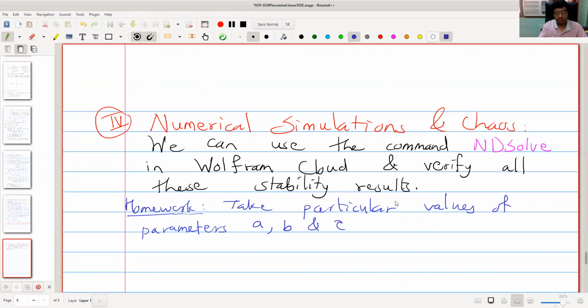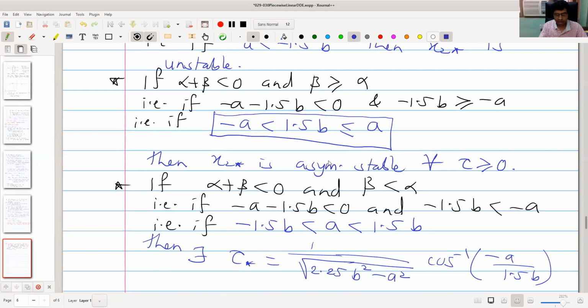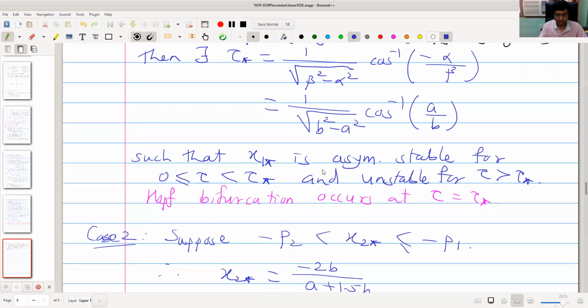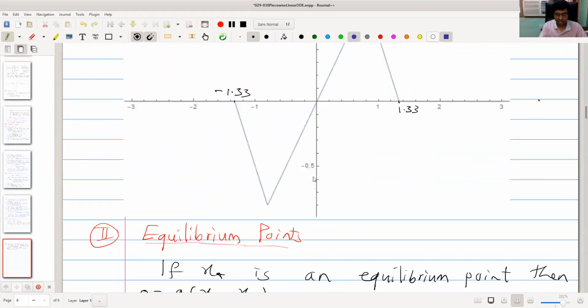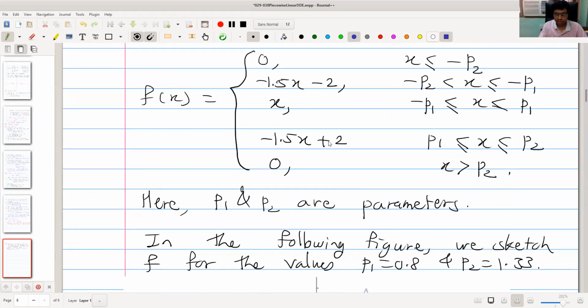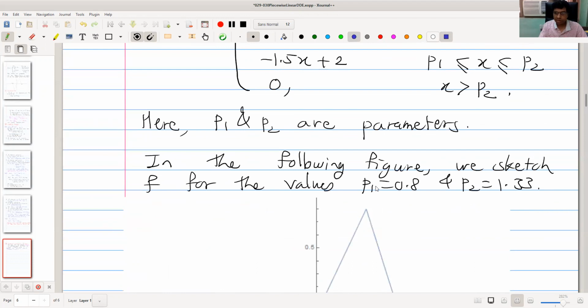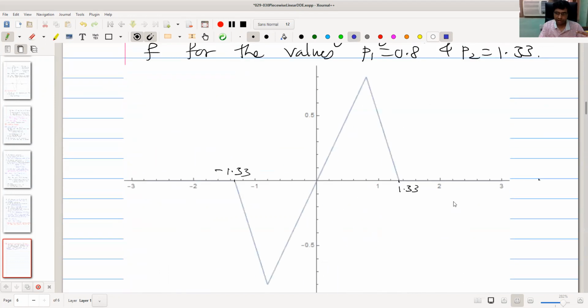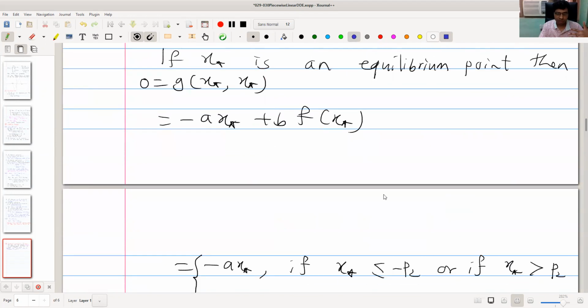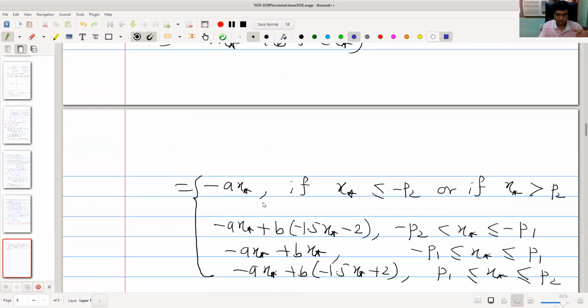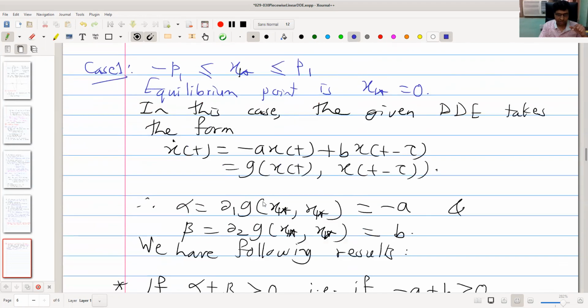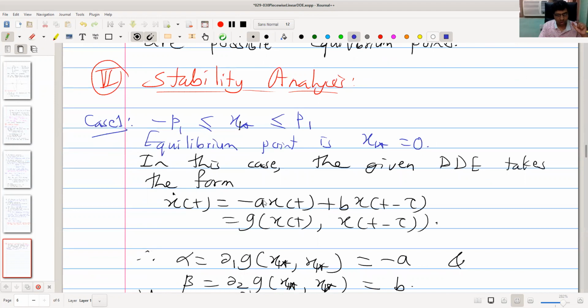P1, P2 are also parameters. You can take the same values which are taken here in this figure, P1 equal to 0.8 and P2 equal to 1.33. So your homework is to take particular values of A and B according to all these results, and you have to verify.